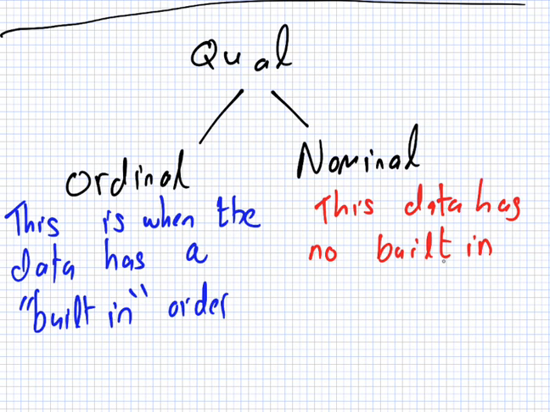This data has no built-in natural order to it. Now, just to be clear, by natural order, there's a word here that I won't even bother writing down because it might be a word that most people wouldn't know.